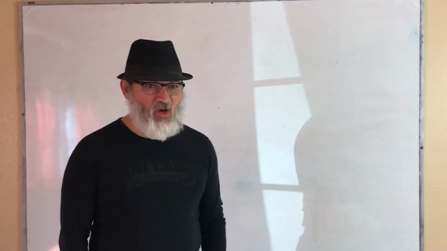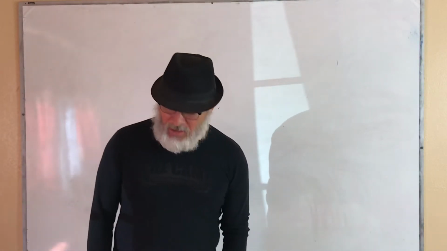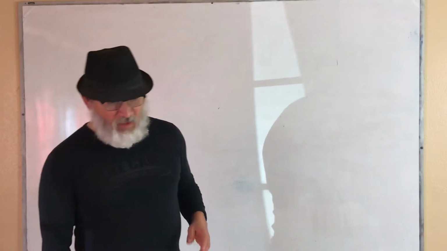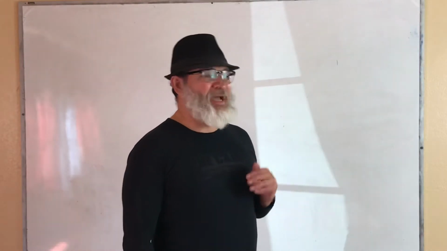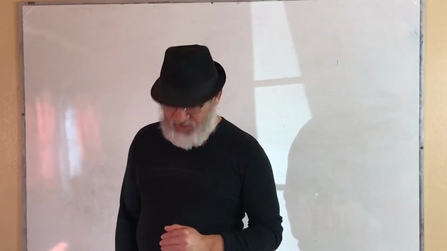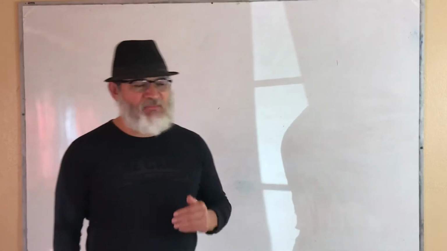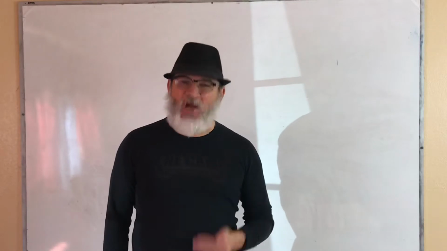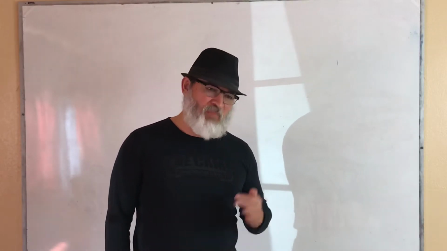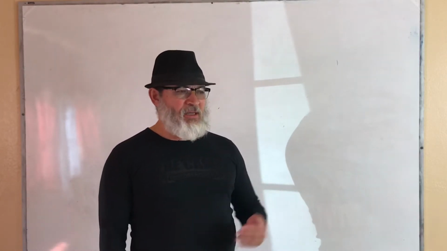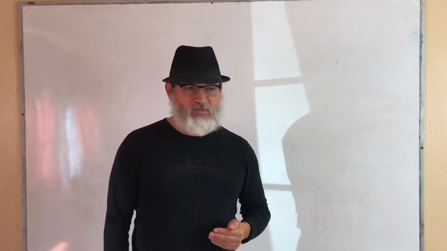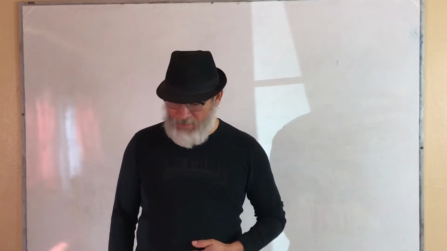So therefore, subtraction is also addition, okay? By definition, a polynomial is a sum of terms, and when I say sum, I also mean subtraction. So a polynomial is a sum and difference of terms, okay?